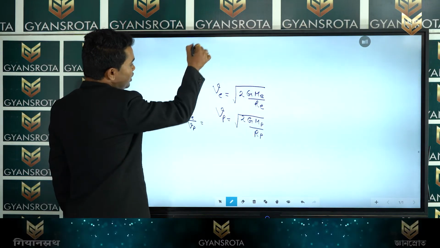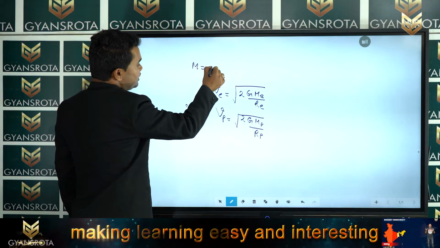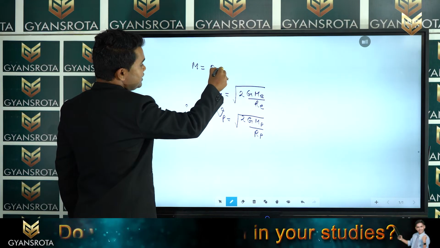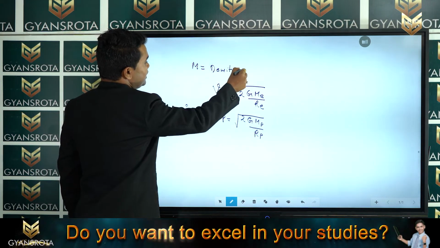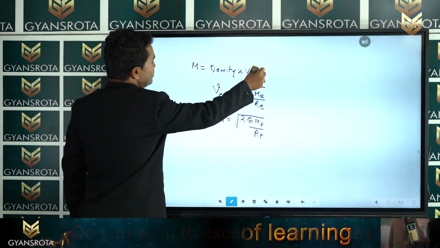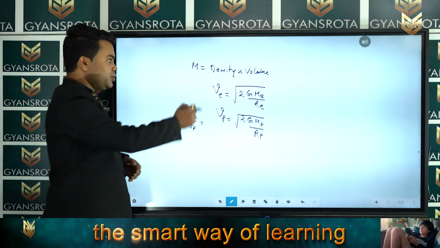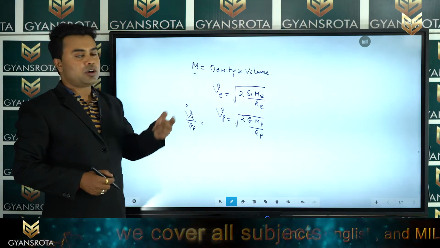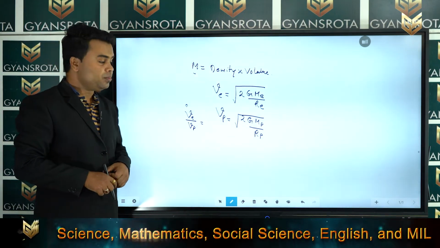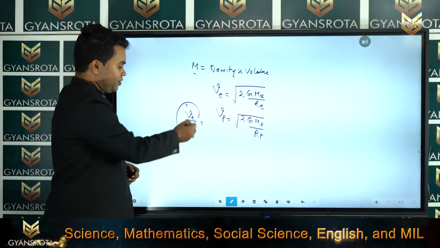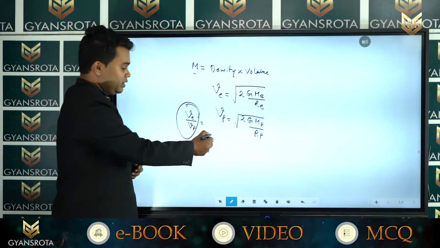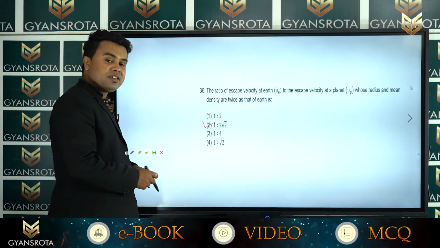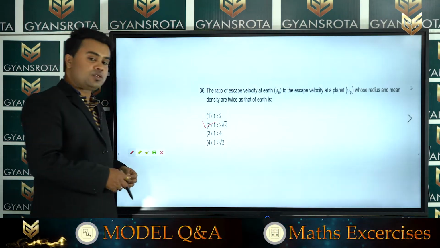So, you will write down mass is equal to density multiplied with volume. Density will be rho and the volume will be 4 by 3 pi r cube. So, if you substitute here, your final answer will be 1 is to 2 root 2. So, the right answer for this question is number 2, that is 1 is to 2 root 2.